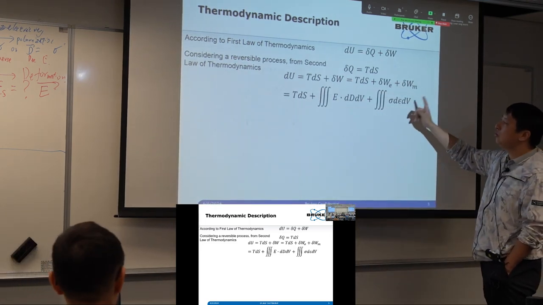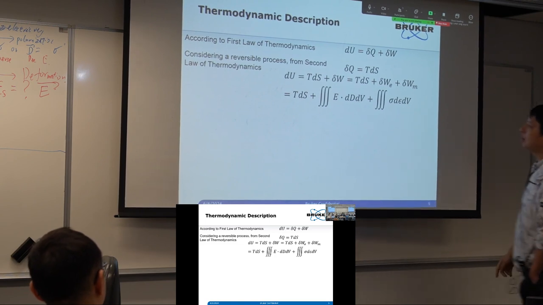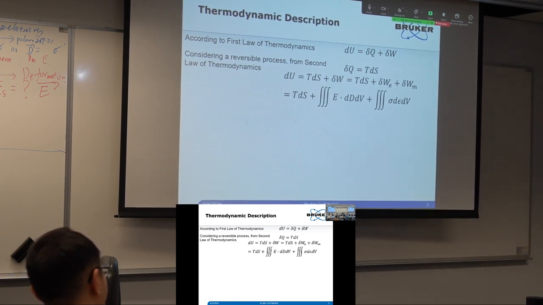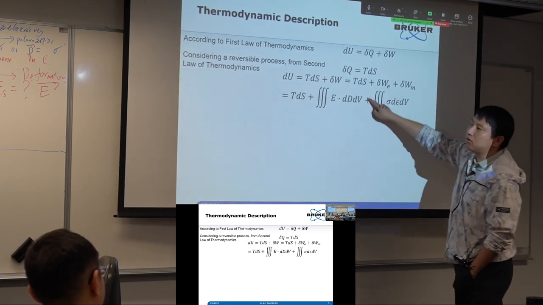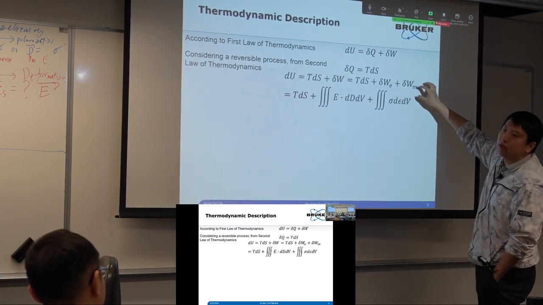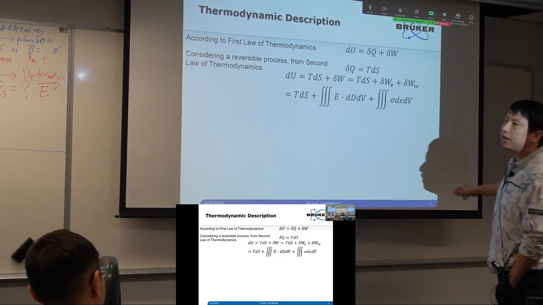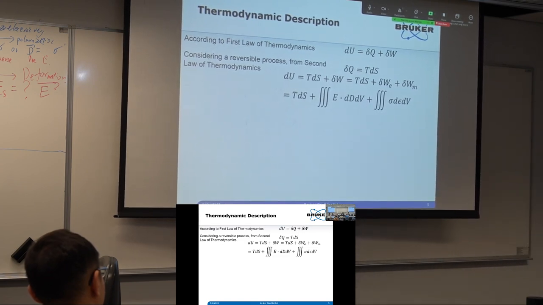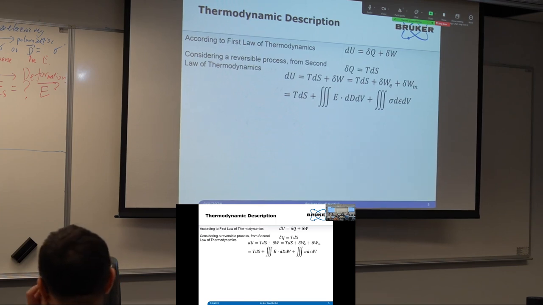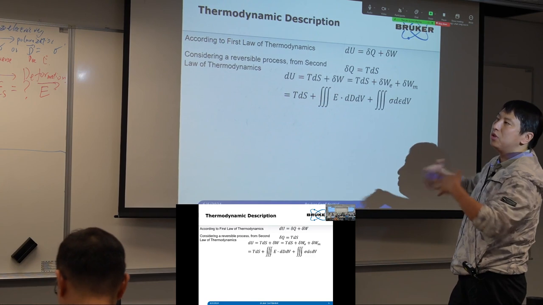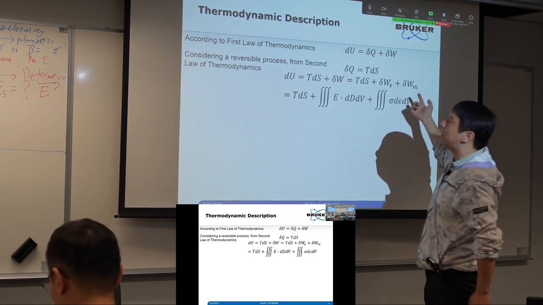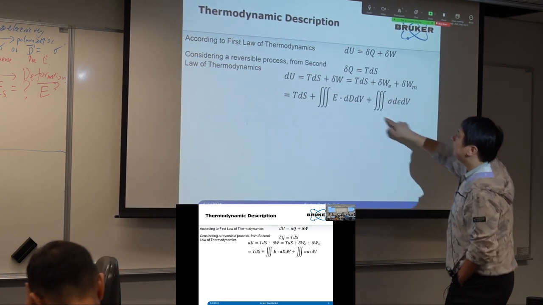So I need 2 times the volume of these materials. So this part, I describe this mechanical work, or in the textbooks, they will call this elastic work. You give a force, you change the deformation, the material will store that kind of potential.